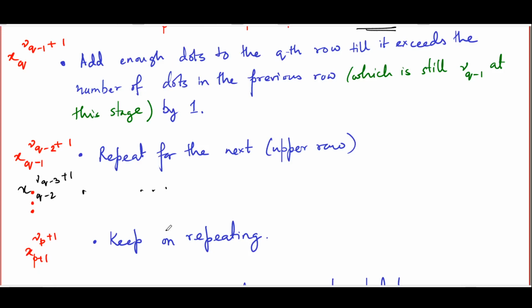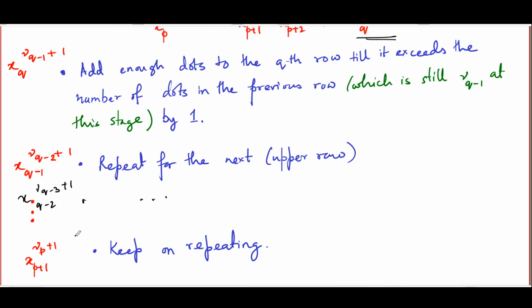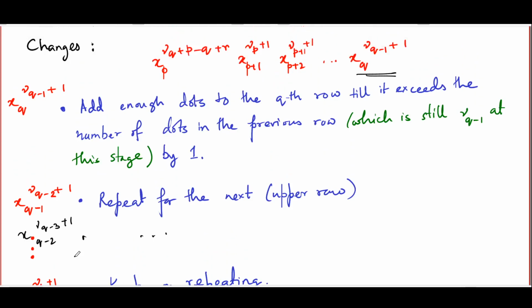This keeps on repeating all the way up to xp plus 1 to the power nu p plus 1. Again, the p plus 1 is 4. You keep on adding dots until you exceed the number which are still there in the pth row by 1. I have not added any dots to the pth row at this stage. And the rest of the r dots all go in the pth row to make up this.